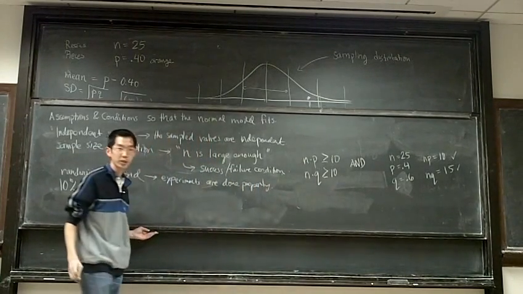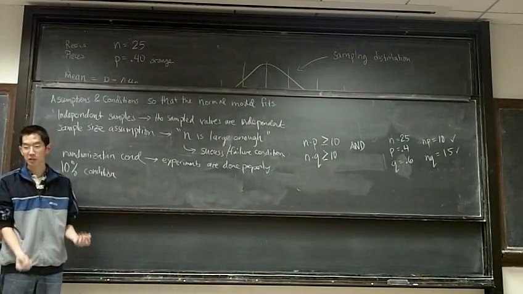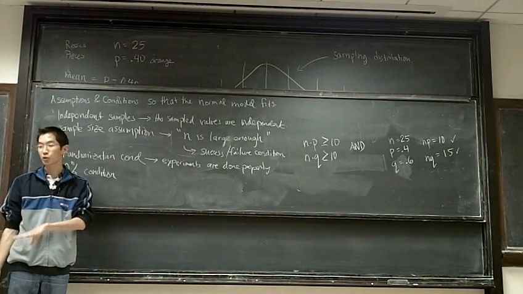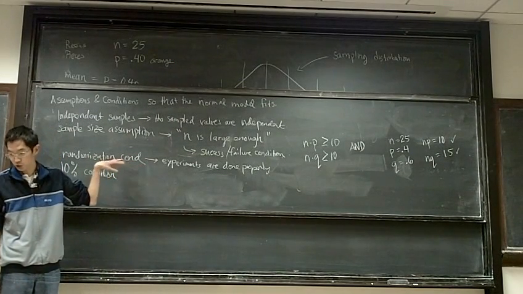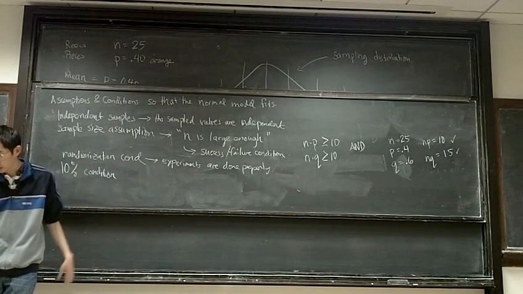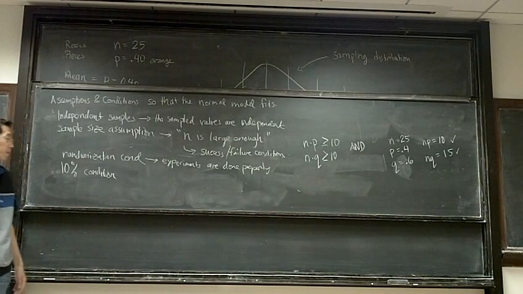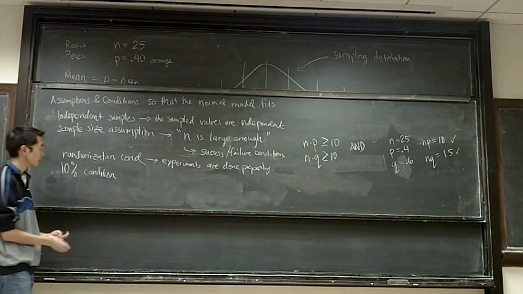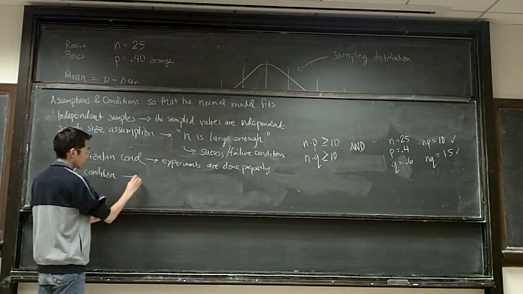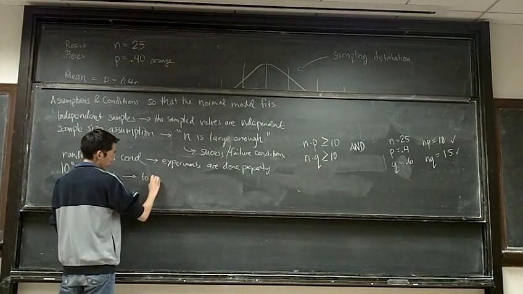When you design an experiment, you're assigning treatments randomly, so the randomization condition just makes sure that you're treating the assignments properly. And the 10% condition just means we're not oversampling. This is to make sure we're not oversampling.